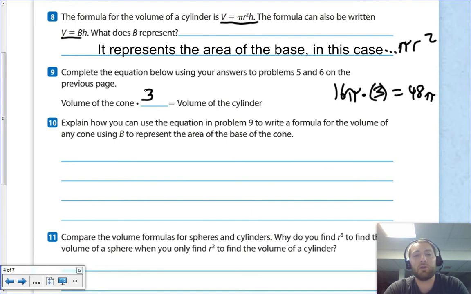So in number 10, explain how you can use the equation in problem 9 to write a formula for the volume of any cone using big B to represent the area of the base of the cone.